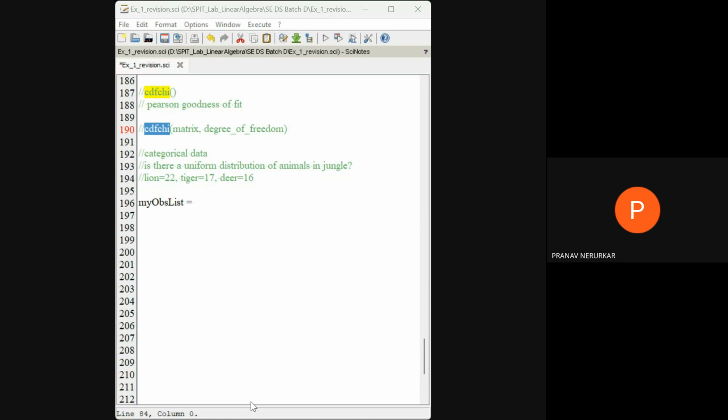So you don't have to keep track of versions of packages and download this package, install that package. That you can avoid with the use of Scilab.